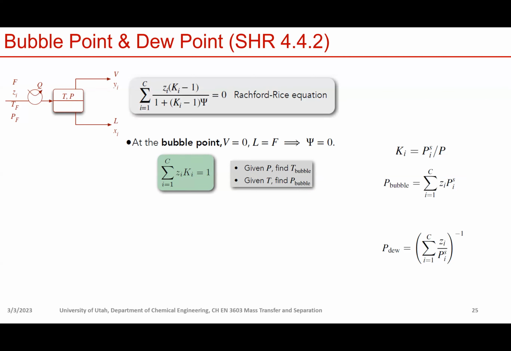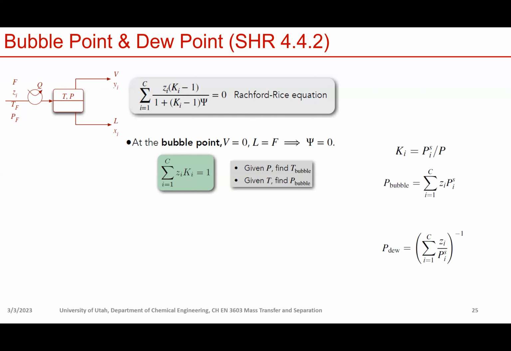Now, Ki is dependent on the temperature and pressure. So if we fix pressure, then we can find one temperature that satisfies this equation. That's the bubble point temperature, right?